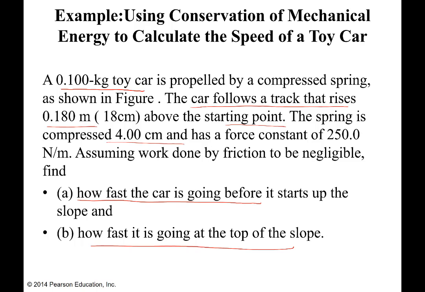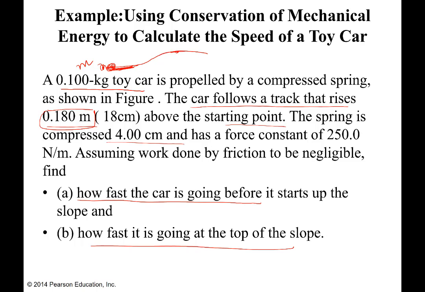If you go back, we have mass m as 0.100. The car follows a track that rises 0.180 meters. We are not using this yet because we are only looking at what is happening over here. The spring is going to launch the car, so we are not concerned with the height yet. That will be the second part of the problem.